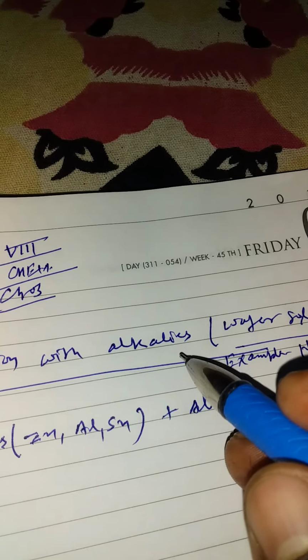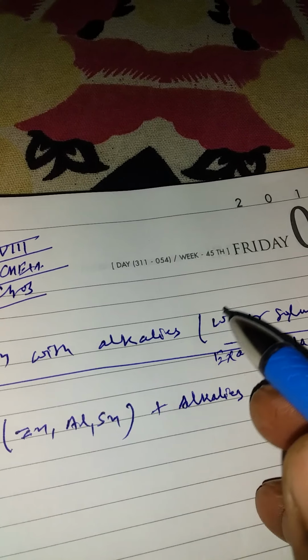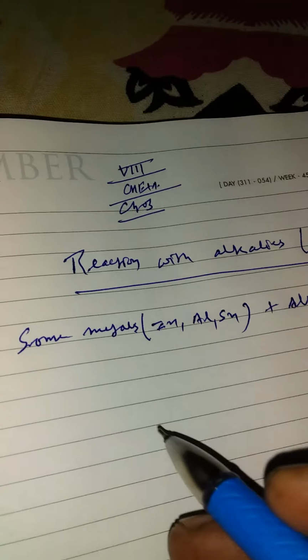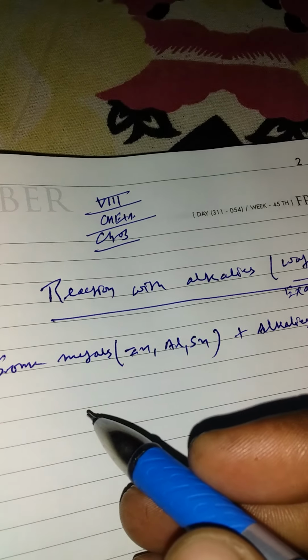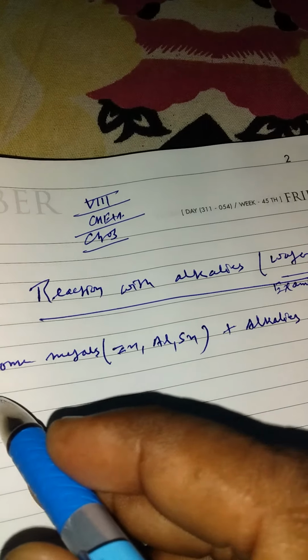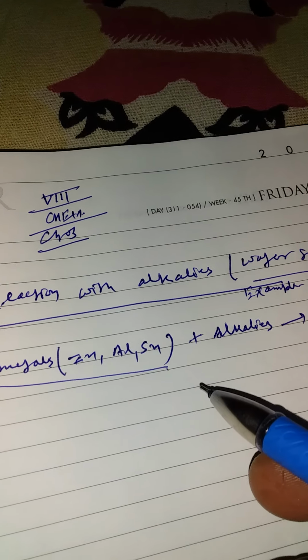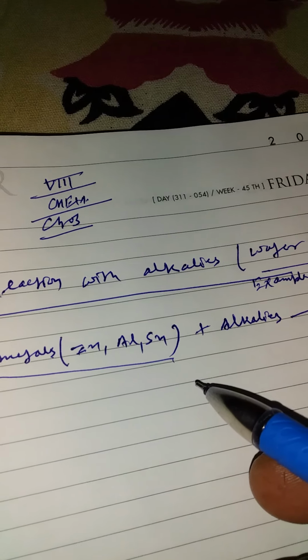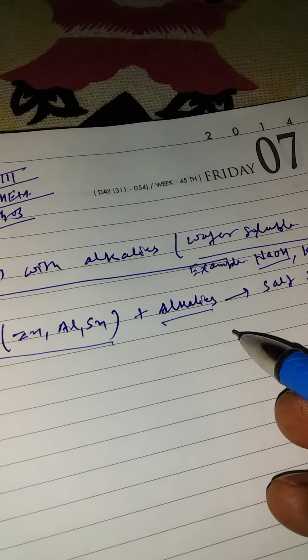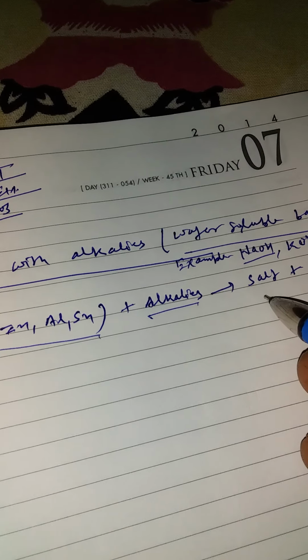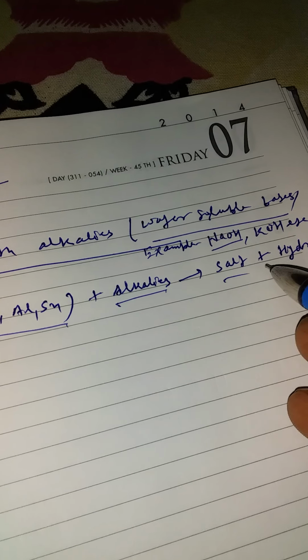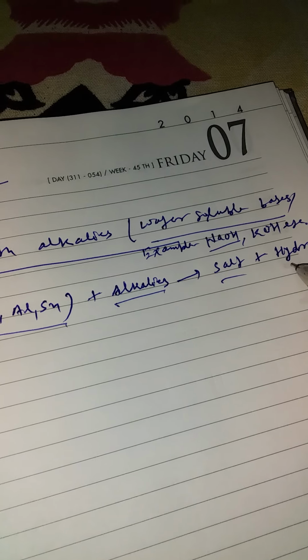That's why we can say it alkali. So, in general, some metals such as zinc, aluminum, tin react with alkalis to form salt and hydrogen.